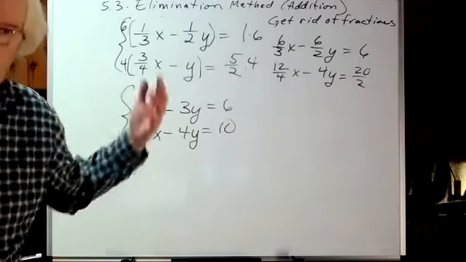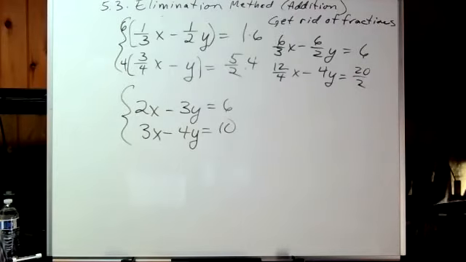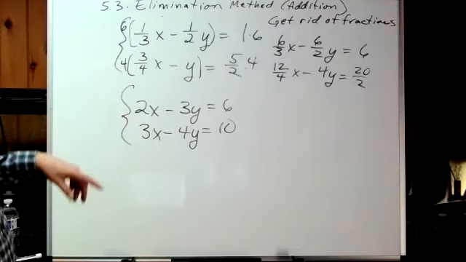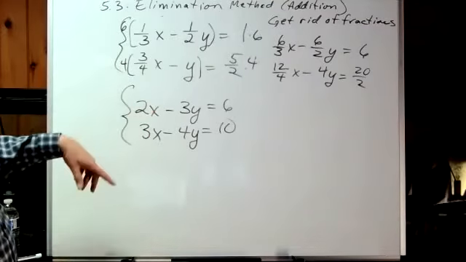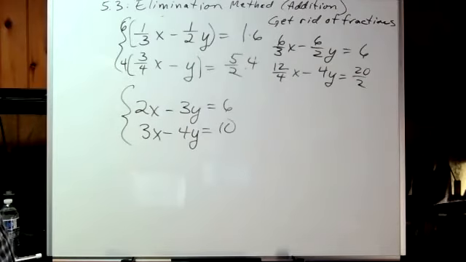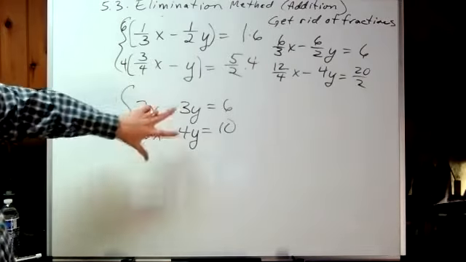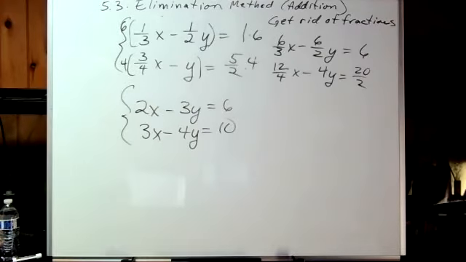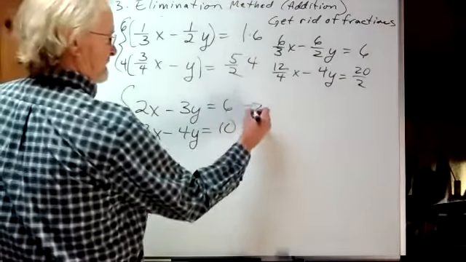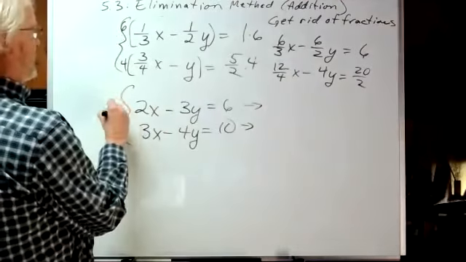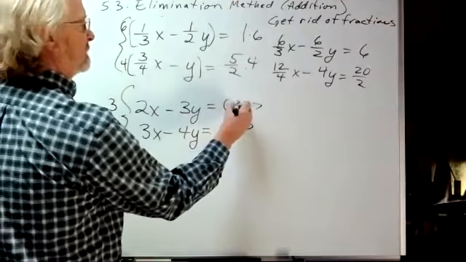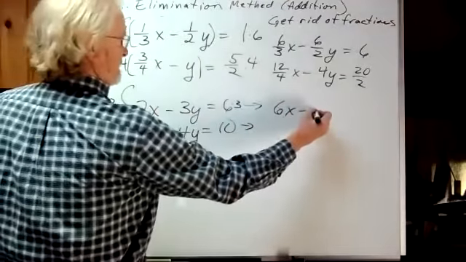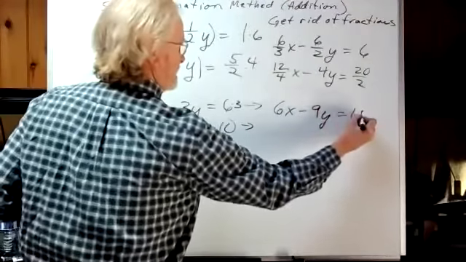And now, what technique do I want to use? Well, substitution might not be too bad with the first one, but we're practicing our elimination method. I can turn those into 12s or turn those into 6s. How about we go for 6s? So I'm going to go this way this time. If I multiply this all by 3, I get 6x minus 9y equals 18.